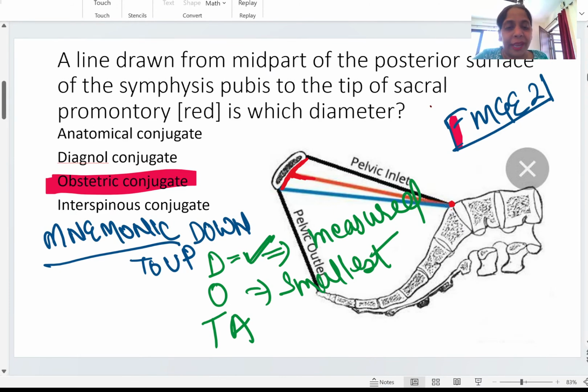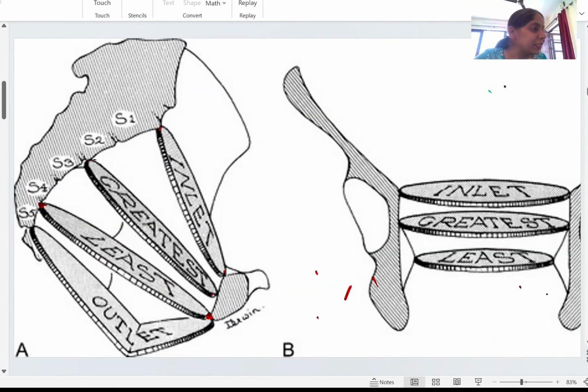Okay. Now can you tell me what are the different subcavities in the pelvic cavity? As I told you, between the inlet and the outlet there is the pelvic cavity, right?